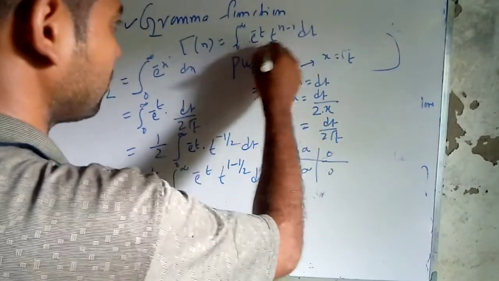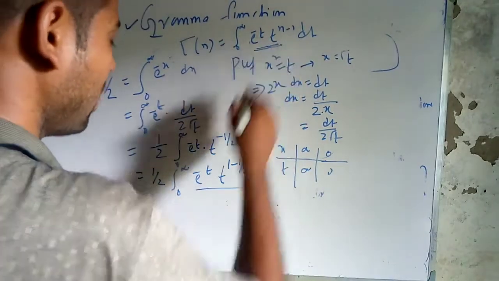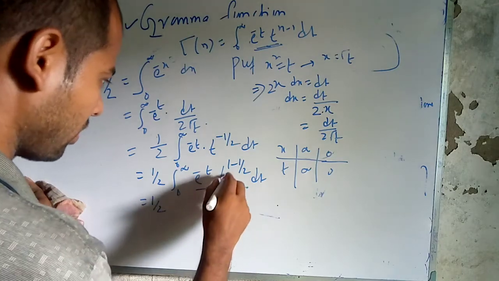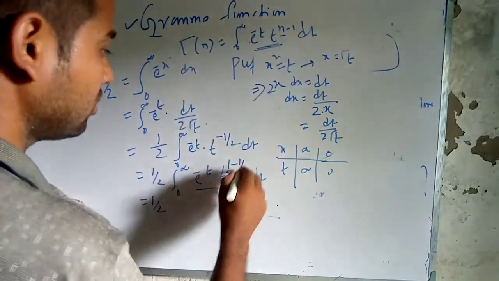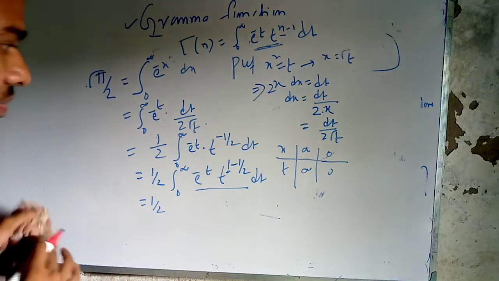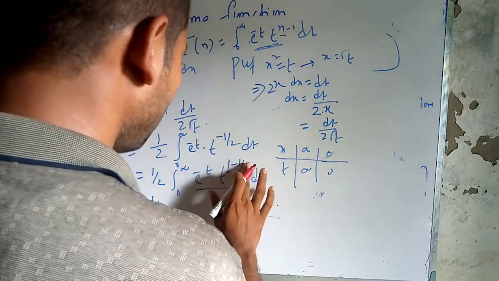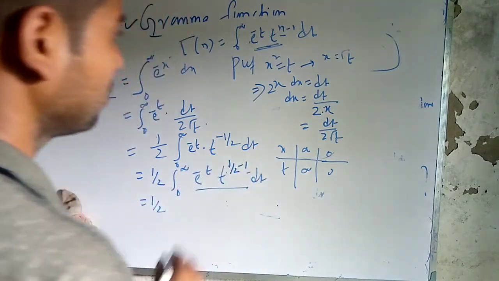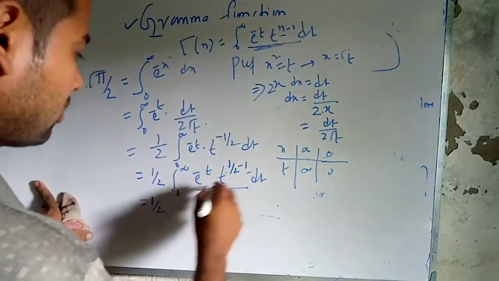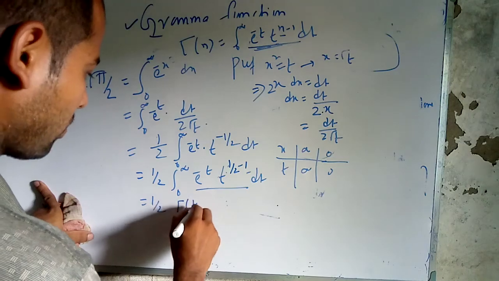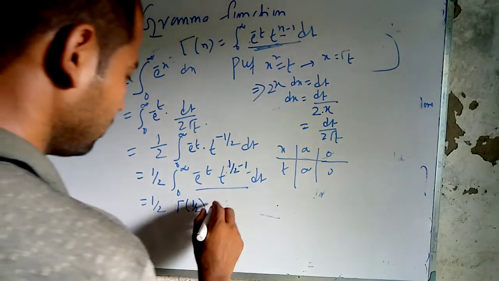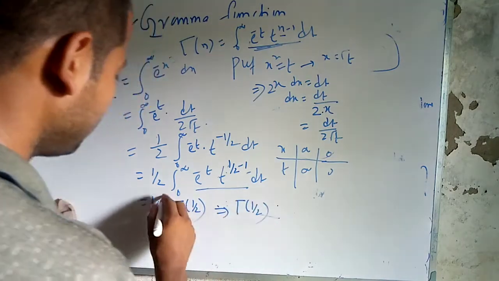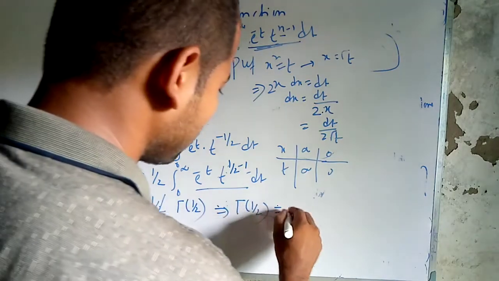This is the gamma function, exactly the same form, and hence it can be written as gamma function of half, where n is half, since n minus 1 is half minus 1. In this same form, this is the gamma function of half, and hence gamma function of half equals root pi.